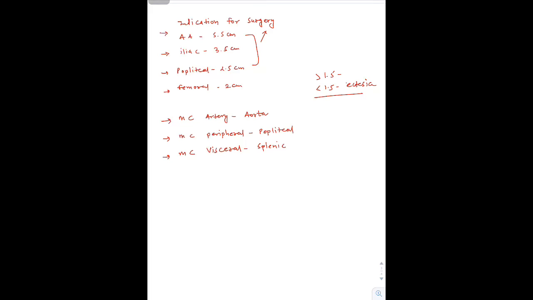Then we studied the types of aneurysm according to shape, like pseudoaneurysm and true aneurysm. In pseudoaneurysm, we do surgery, that is the gold standard for pseudoaneurysm. For the true aneurysm, we will wait and watch till the size goes to the alarming level. So this is all about the aneurysm surgically.